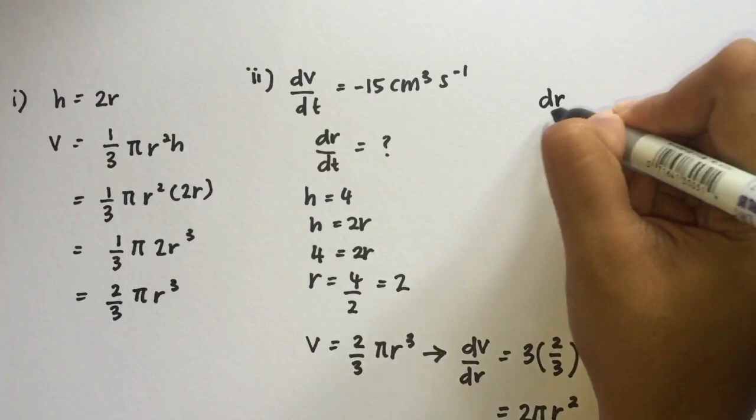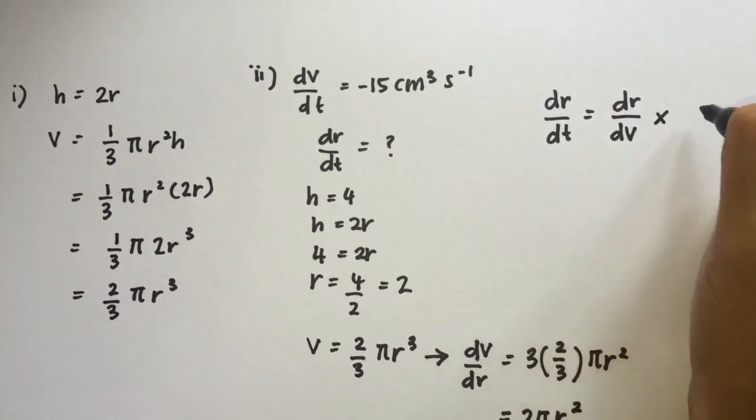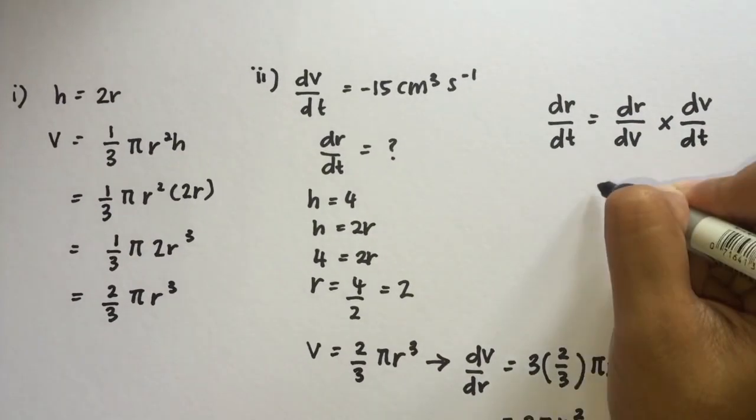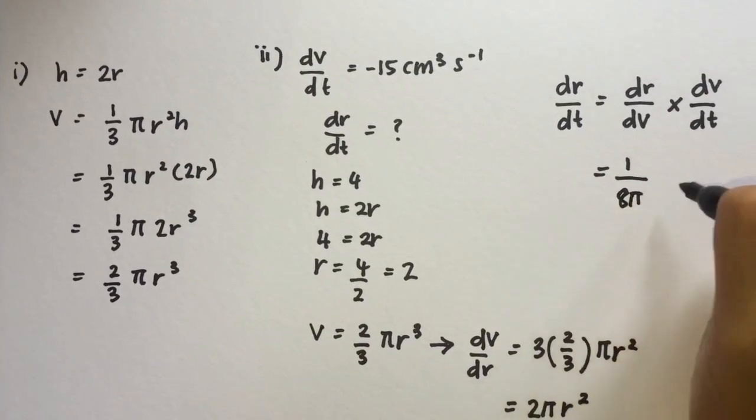So how can we get dr over dt? dr over dt is equal to dr over dv multiples dv over dt. From the equation, we have to substitute the value of dr over dv and dv over dt.